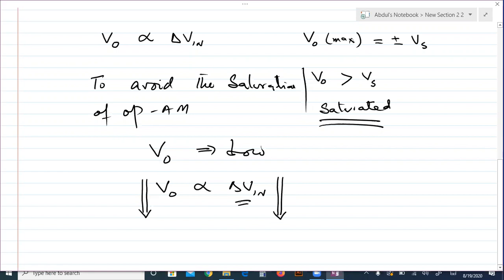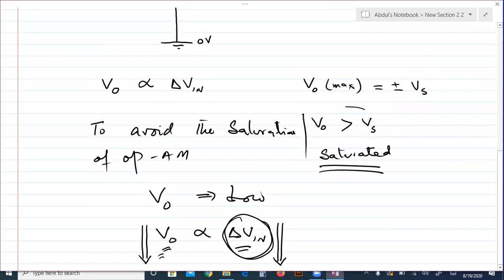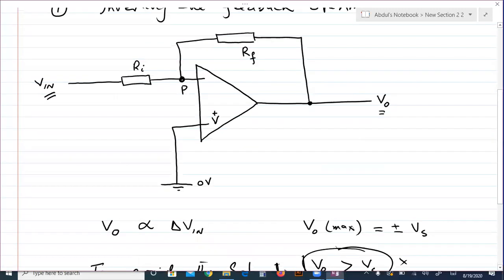It means if we keep the difference between two inputs voltage minimum, output voltage from the op-amp will be minimum. It will remain smaller than the supply, not the greater than. When output remains smaller than the supply, this operational amplifier is not saturated.